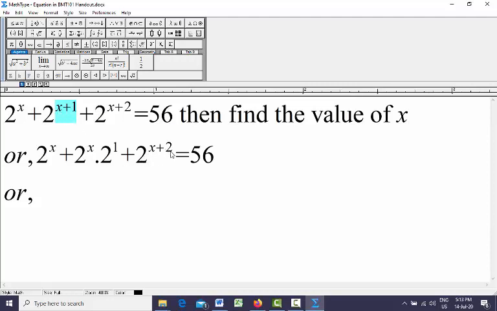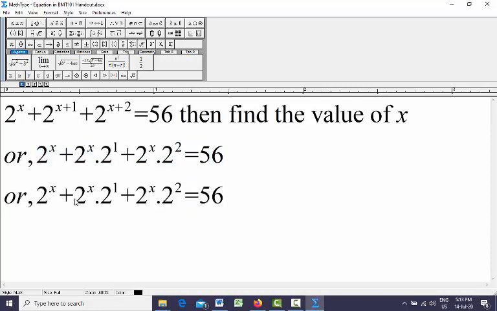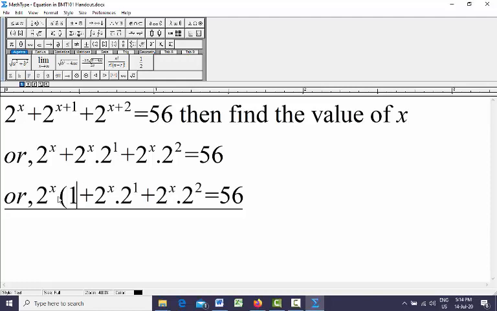Okay. Similarly, this one we can also break, we can have 2 to the power 2. Now here we have 2 to the power x, here also we have 2 to the power x, and in this one also we have 2 to the power x. So we can take 2 to the power x common. If we take 2 to the power x common, we will have 1 here, because we have only 1 2 to the power x.